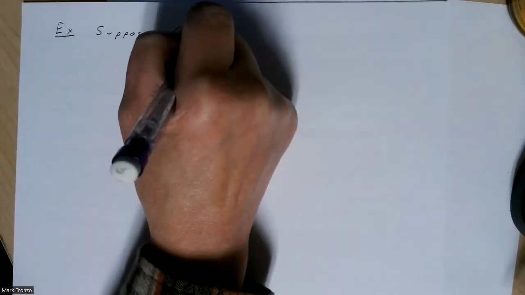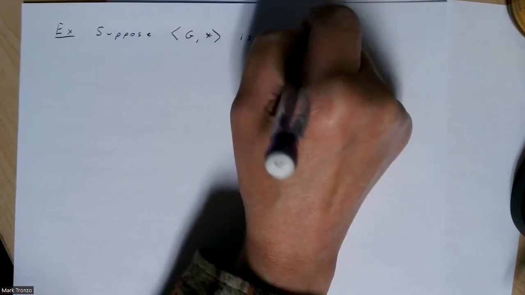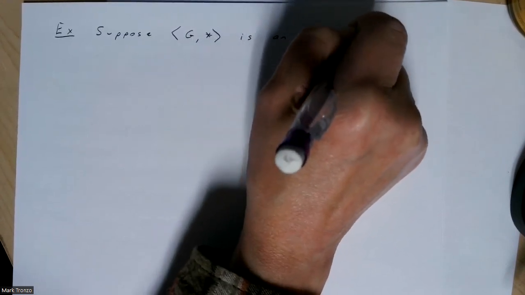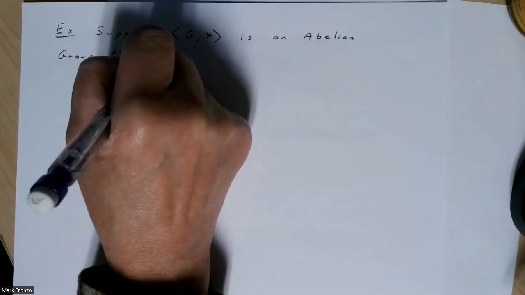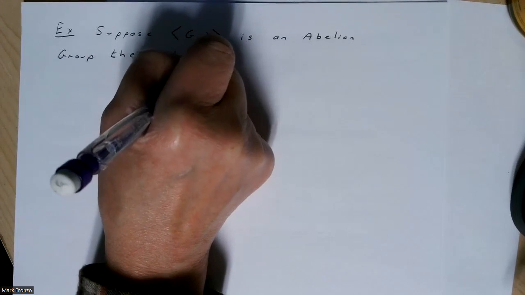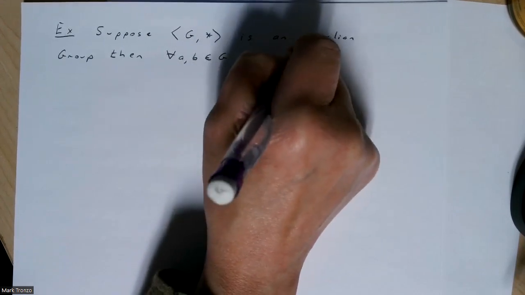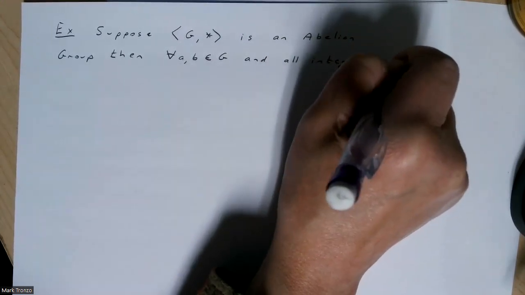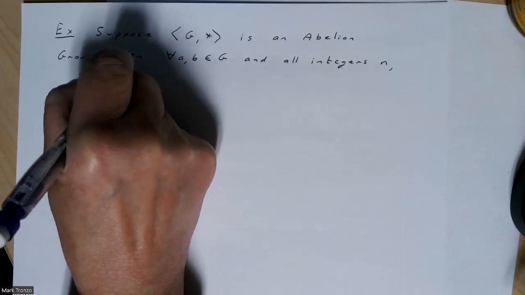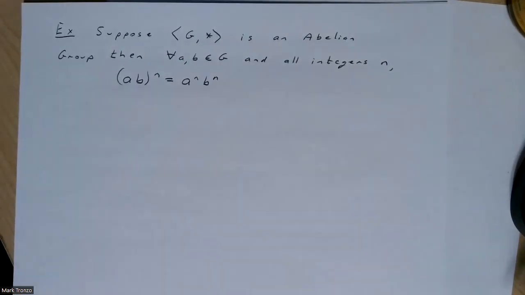Suppose that G with some binary operation is an abelian group, then for all A and B in G and all integers N, we have (AB)^N equals A^N B^N.